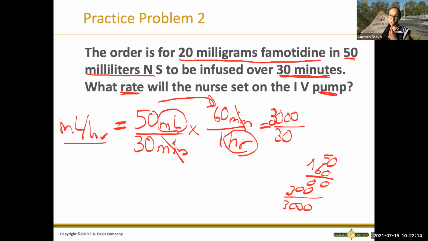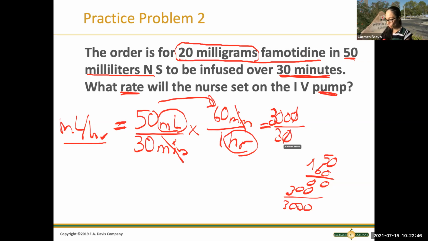If I were asking for the dosage, or how many milligrams per minute are going to be infused, I would divide the milligrams by the 30 minutes. But that's not what I'm asking. What I'm asking is the rate on the pump. So we have to be careful when we read what it's asking us.